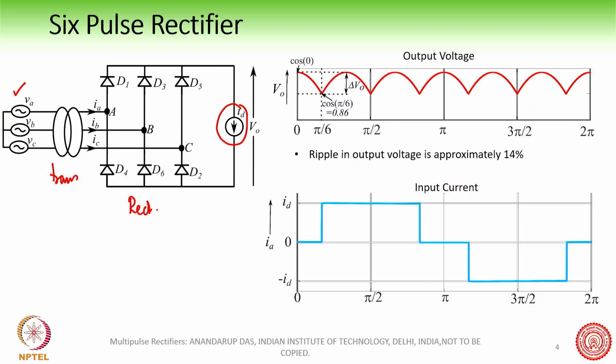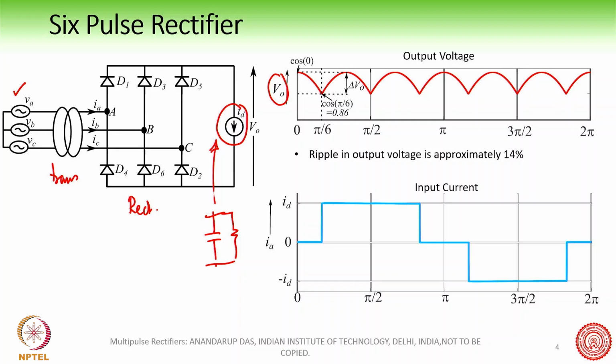But the analysis which I am going to present today is equally valid if you have a capacitive load also. For example, in place of this one, we can have a capacitive load with an equivalent load resistance.